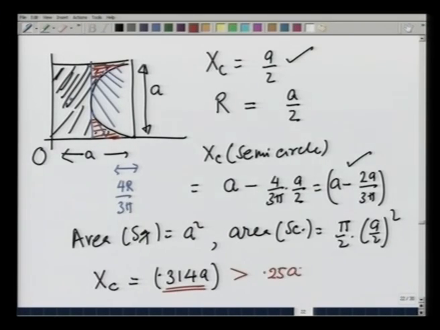That would have been the case if I had removed this entire half of the circle. Y coordinate, obviously because of the symmetry, remains at a by 2.